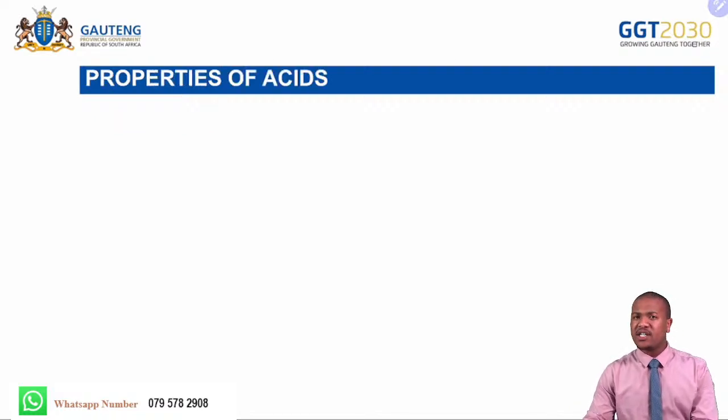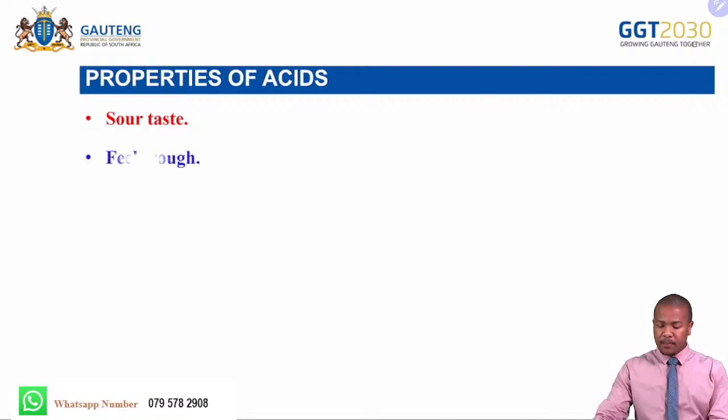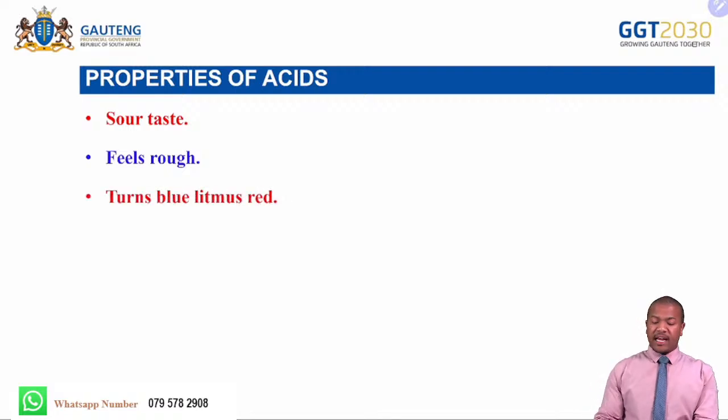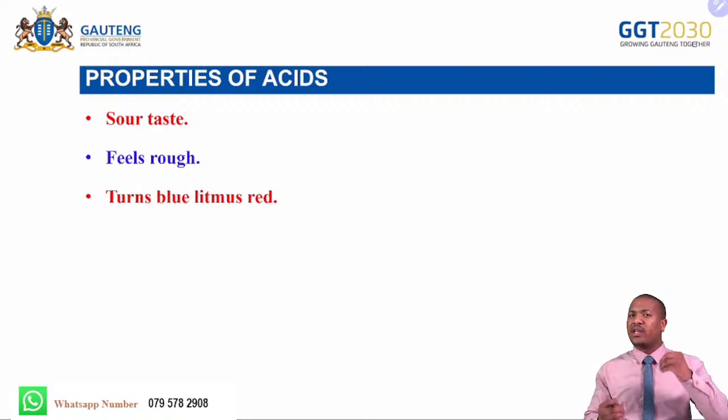Right. Properties of acids. What characteristics do these acids have? First of all, they have a sour taste. Still remember that. Secondly, they feel rough, right? Thirdly, they turn blue litmus paper red. So you still remember when we were testing household substances for acidity or alkalinity, right?